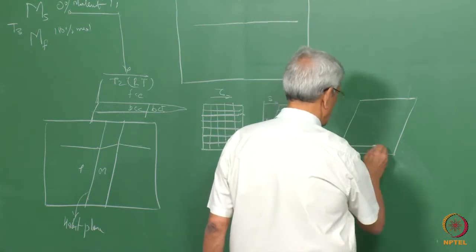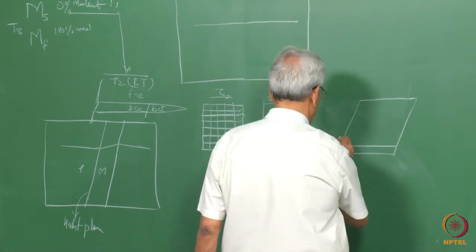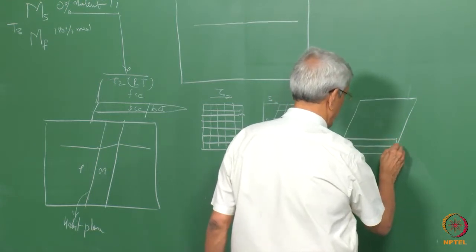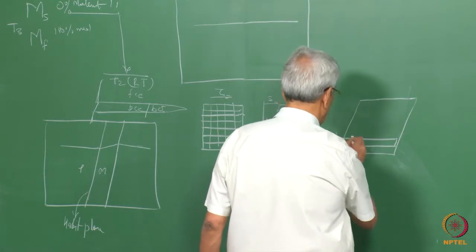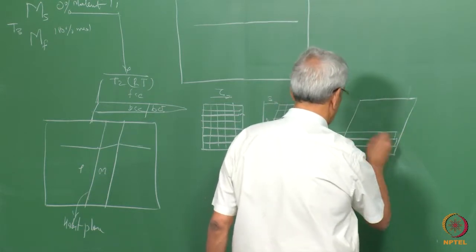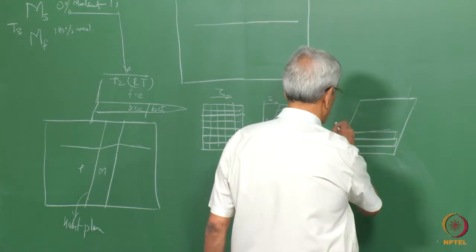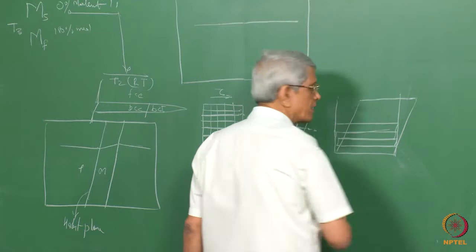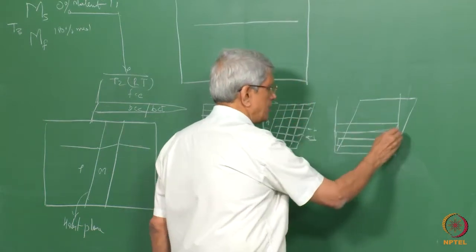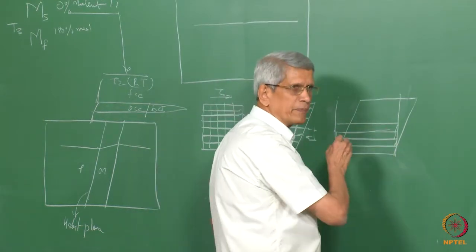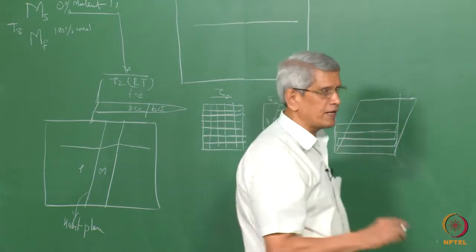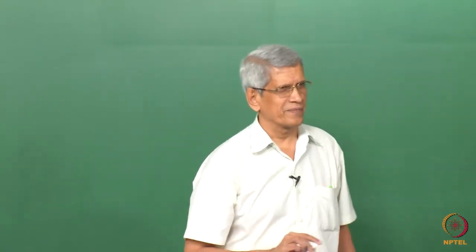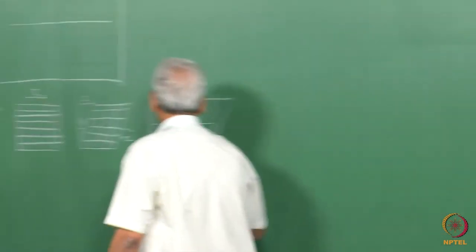Now it undergoes a change, and this turns out to be the external surface. This is called a lattice invariant shear. This shear does not change the crystal structure, but essentially a shape change is occurring.